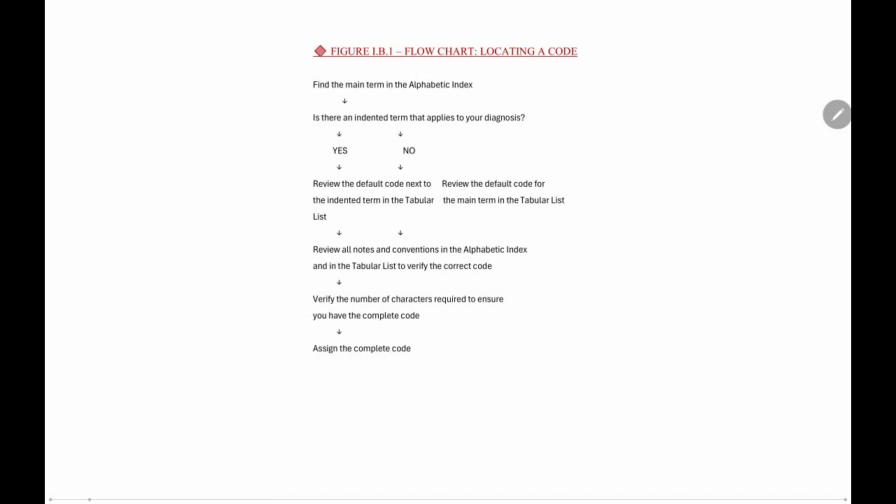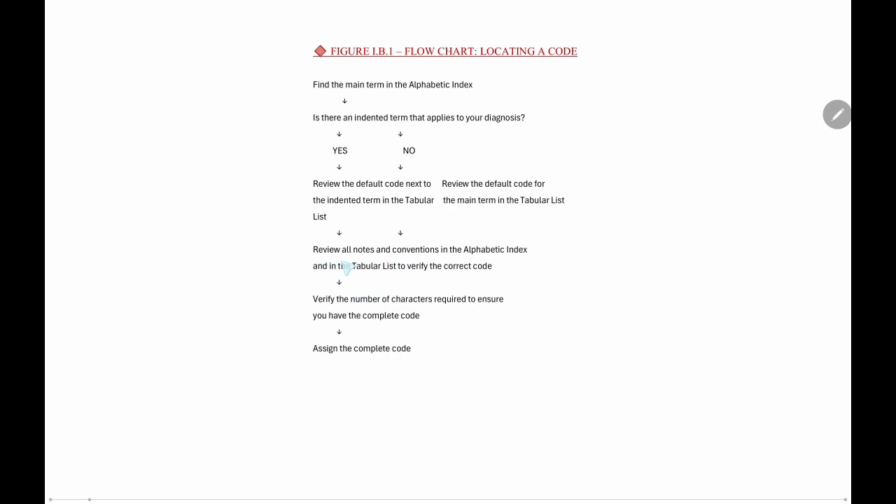So let me show you the flow chart of how to locate a code. You find the main term in the alphabetic index, and then if there is a subterm, this is the process. Review the default code next to the intended term in the tabular list. Then you check the characteristic notes, any additional code you need to give, or NEC, not elsewhere classified, or NOS, not otherwise specified, or includes and excludes.